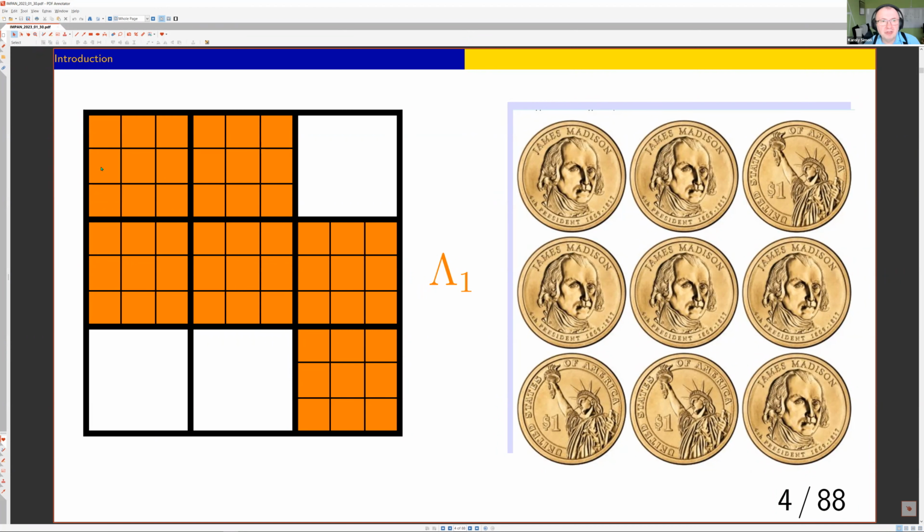Then all of these big squares of side 1/3 are divided similarly into 9 smaller squares. For each of these squares, we toss the coin again independently. So we do not repeat the pattern, we repeat the method.